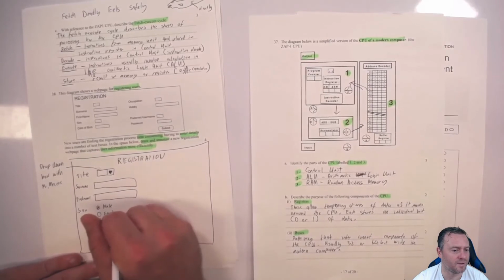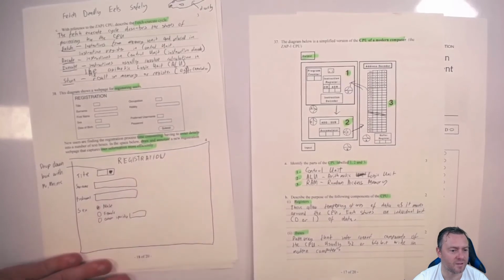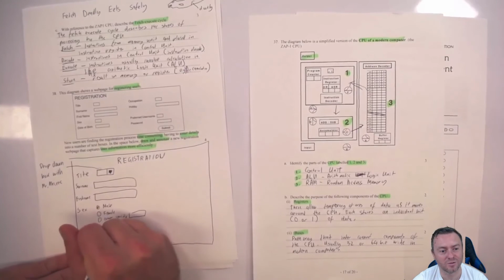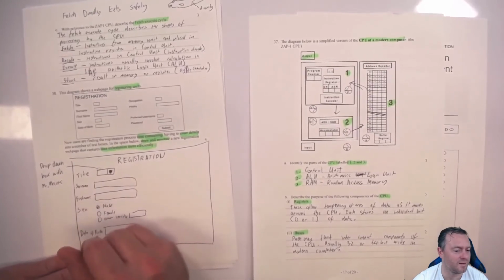Date of birth, like I said, I would use the calendar. So the calendar on the side there, so basically it drops down. I would also put it in a fixed format so it's clearer to the person when they're entering it. So in Australia we use day, month, year. It's the de facto standard.